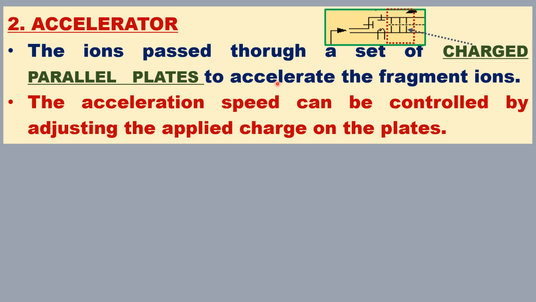What is its role? The ions pass through a set of charged parallel plates to accelerate the fragment ions. Okay. The ions are accelerated when they pass through the accelerator charged plates. The acceleration speed can be controlled by the applied charge on the plates.